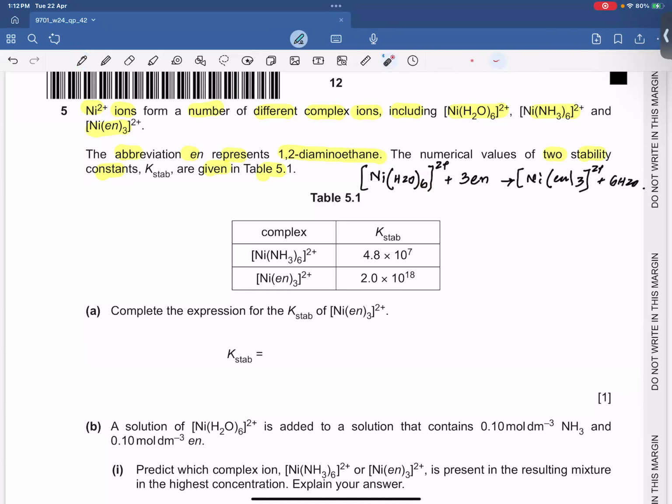So in order to write the stability constant, I'm going to ignore water. The rest I'm going to write. This is the coordination sphere.